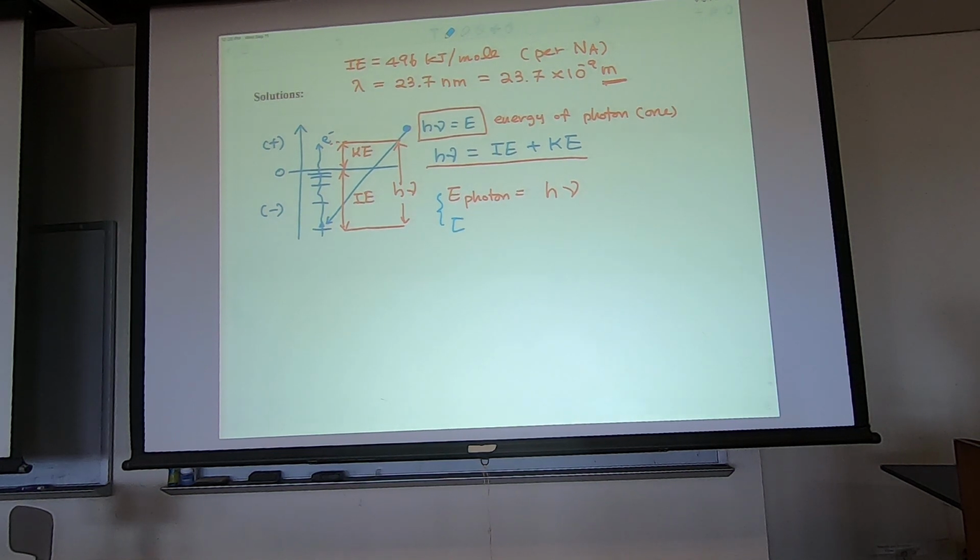If I say the energy of 1 mole of photons, you know what will be a handy equation? You just multiply Avogadro's number by the energy of a single photon. Right? So those are the two equations that you need to get used to.